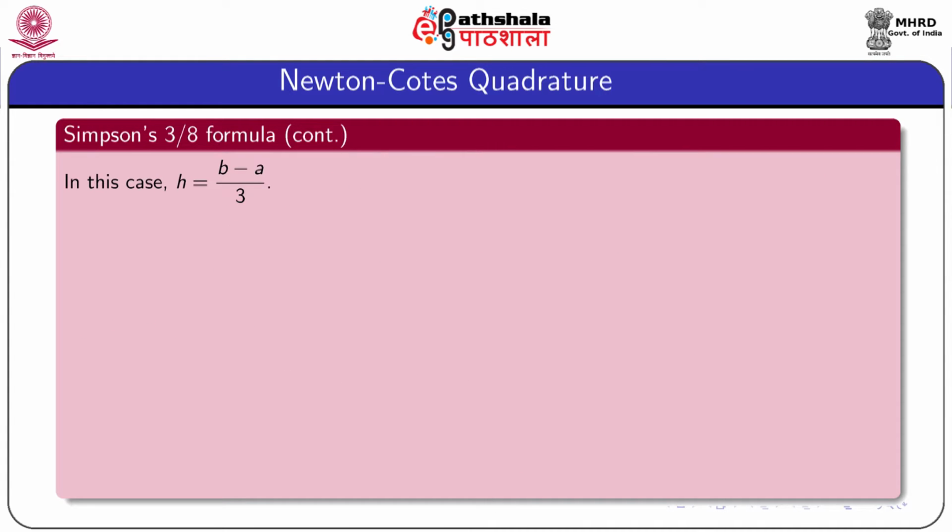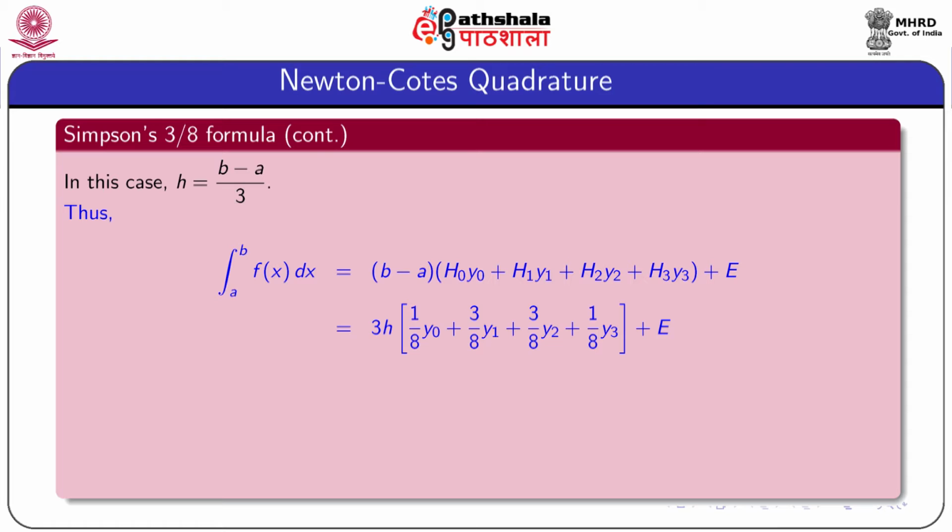In this case, the length of the interval h equal to (b minus a) by 3. Thus, the integration from a to b of f(x) dx is equal to this expression. After substituting the values of h0, h1, h2, h3, this expression reduces to this expression, and finally it becomes 3h by 8 into (y0 plus 3y1 plus 3y2 plus y3) plus the error term.